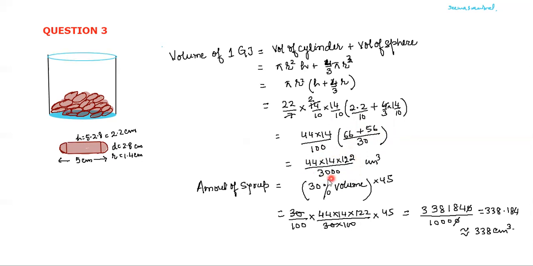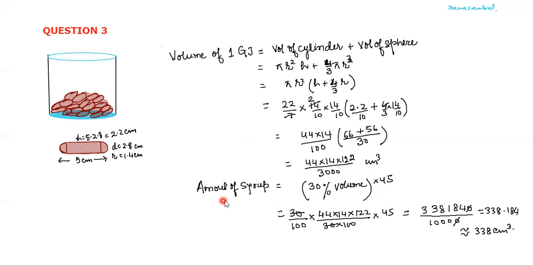I will not solve it completely because this is nowhere asked in the question to find out the volume of the gulab jamun. He wants us to find out the volume of the syrup. So I will find out the volume of the syrup accurately, but I will not solve it.